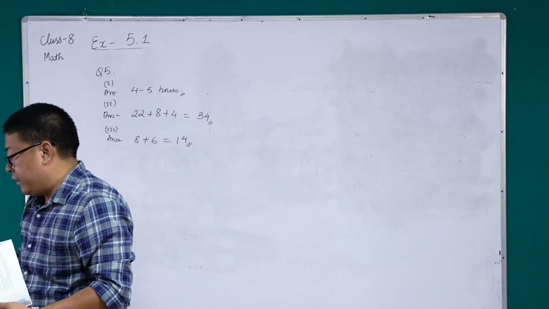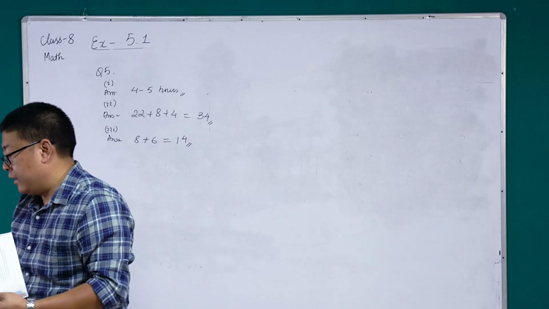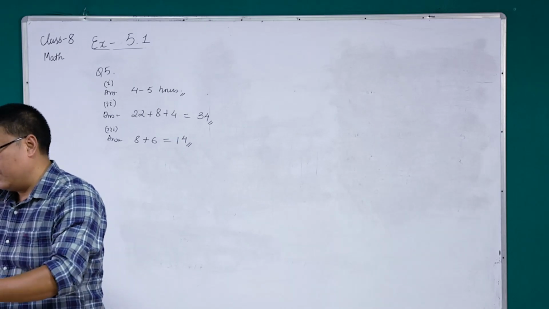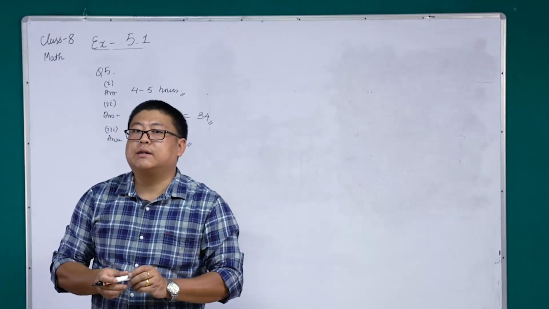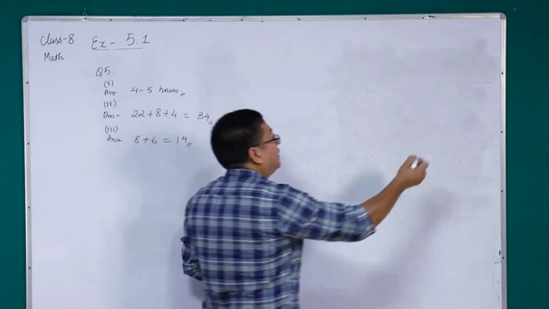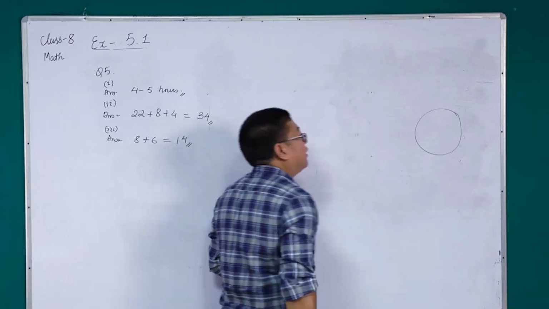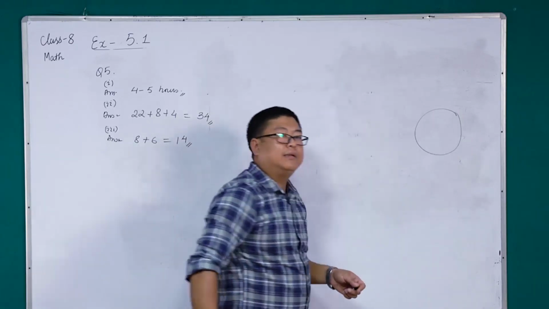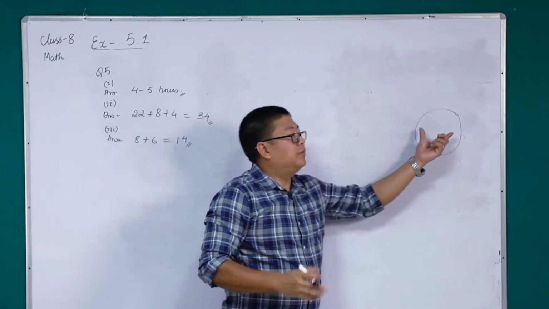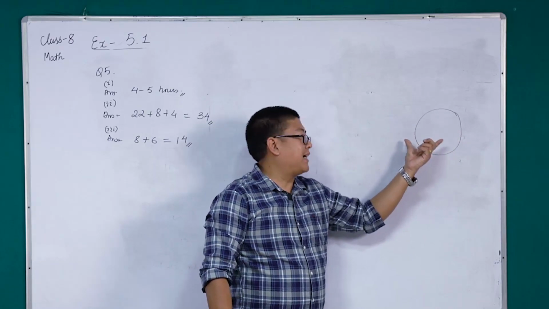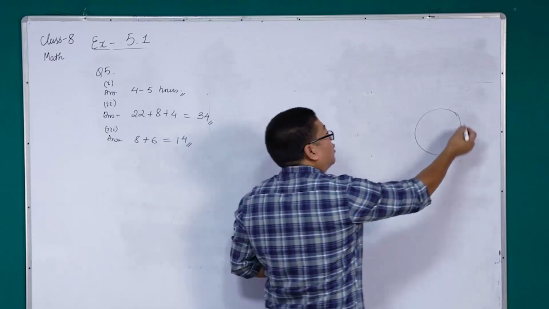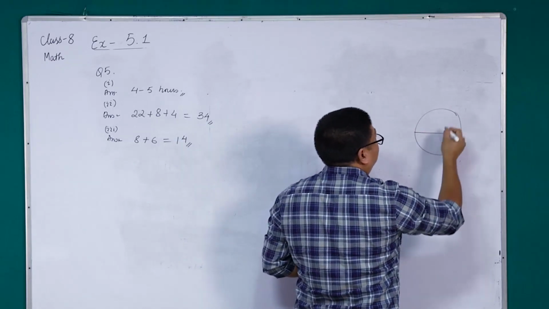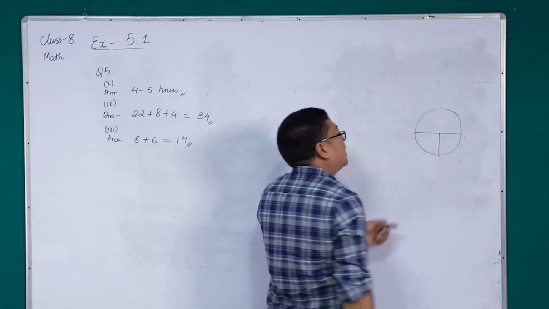In the previous class, we have learned about pie charts. Let me give you a quick recap. A pie chart is a chart which uses a circle and sectors or slices to depict data. So we draw a circle, we find the central angle, and we start marking them.